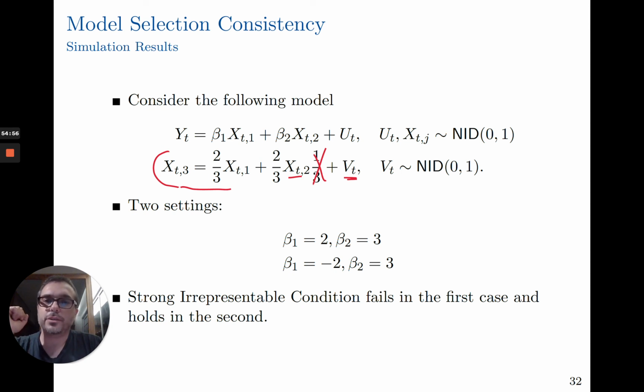And I have two situations. Beta 1 equals 2, beta 2 equals 3, versus beta 1 equals minus 2, beta 2 equals 3. In one case, the strong irrepresentable condition fails, this case here. And in the other one, the strong irrepresentable condition holds. Let's see if Lasso can select the true variables, that would be 1 and 2.